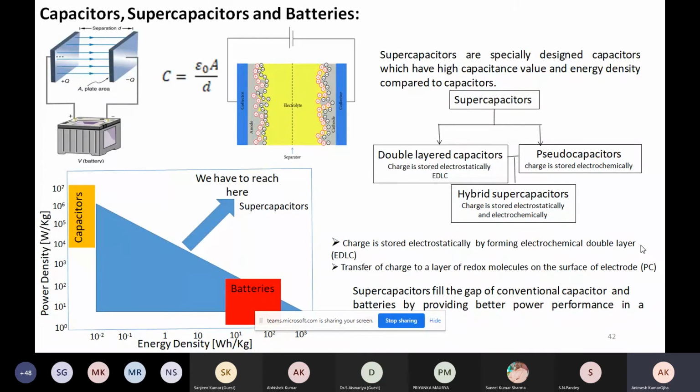So the difference between these two will give you the optical band gap. In the molecule, you have molecular orbitals. You have vacant orbitals, and you have filled orbitals. The vacant one will represent the conduction band, and the filled one represents the valence band. So the difference between these two will give you the optical band gap. This is the physical significance.